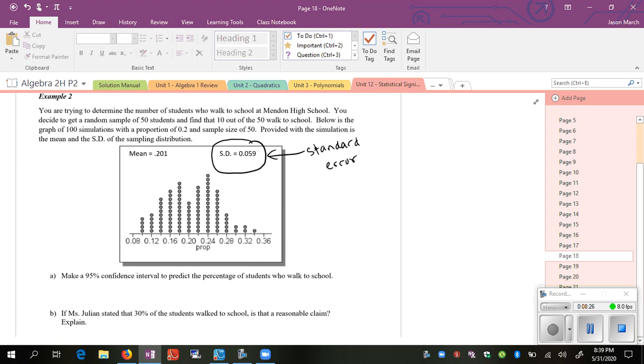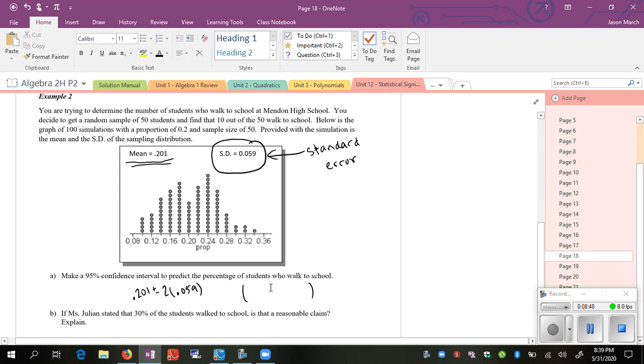So we're going to be using the mean as our center. So we're going to be doing 0.201 plus or minus 2 standard errors, or 2 standard deviations. So 2 times 0.059, and we will get our confidence interval. All right, so we're going to put that into the calculator to see what we get.